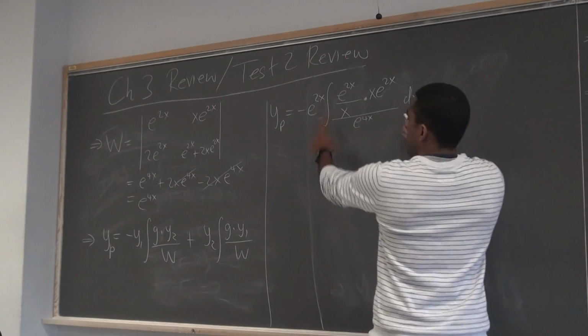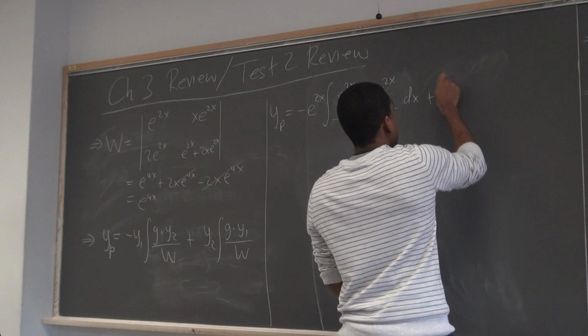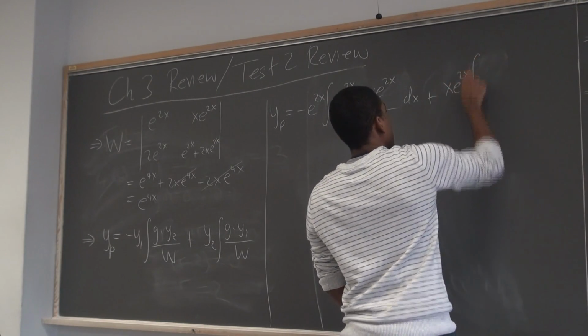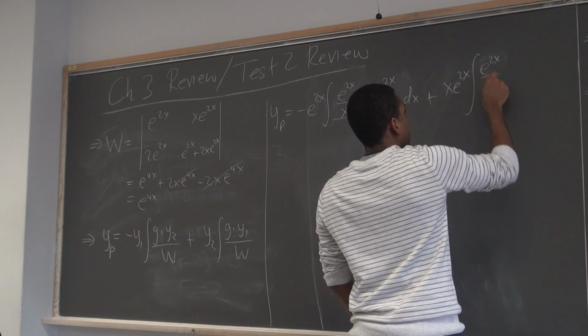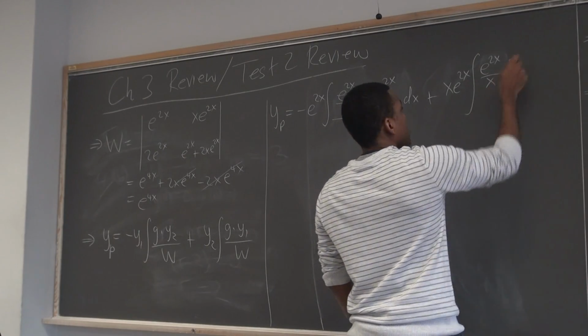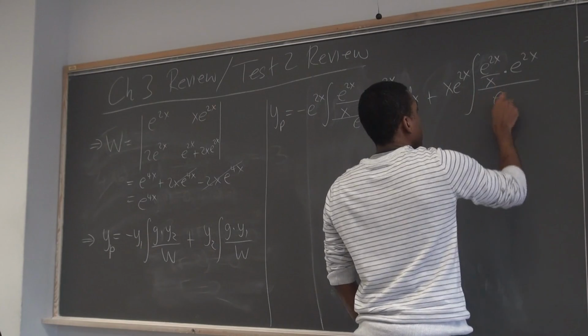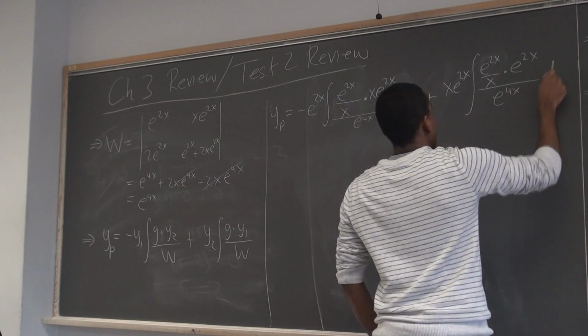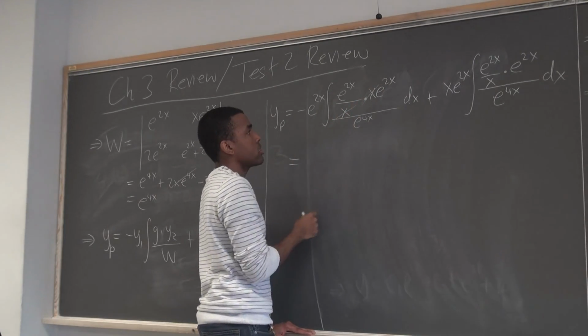Technically, this isn't a dx. We ignore the arbitrary constant, but we can be informal here. So this is minus e to the 2x times the integral of e to the 2x over x times x e to the 2x, all over e to the 4x. Here, the x's cancel.